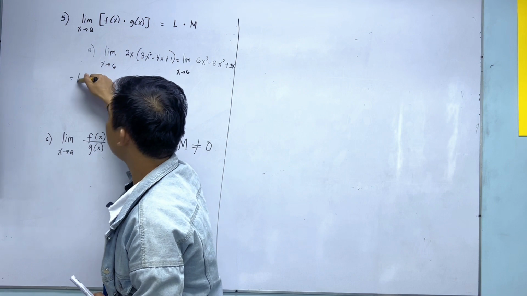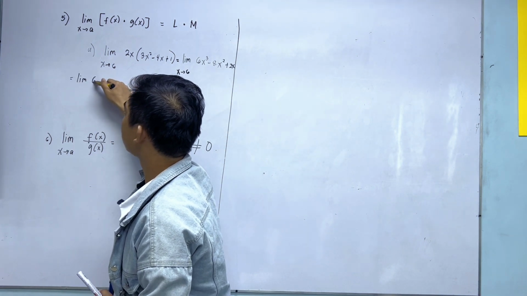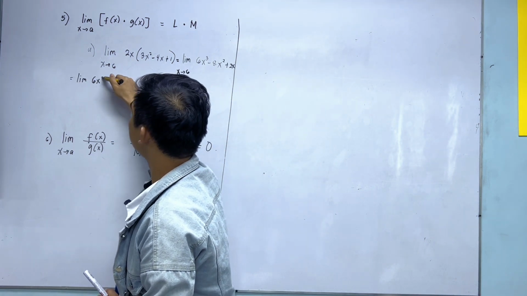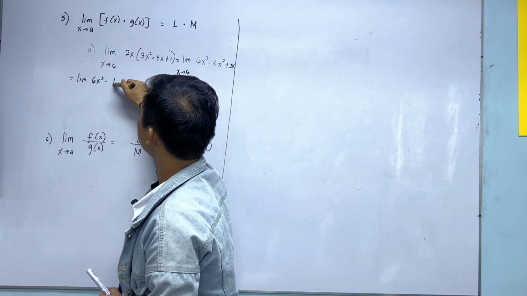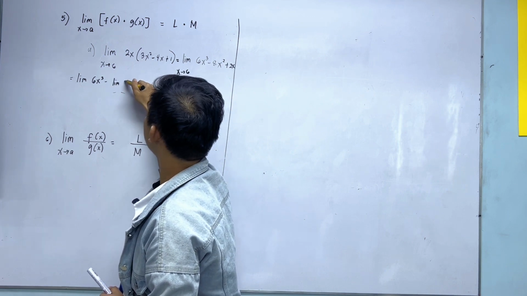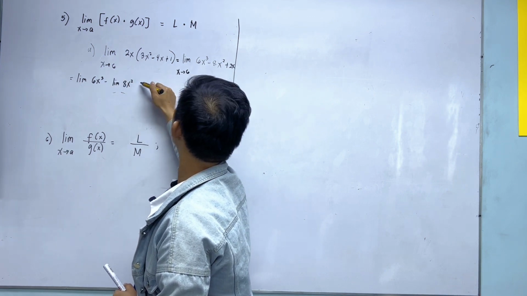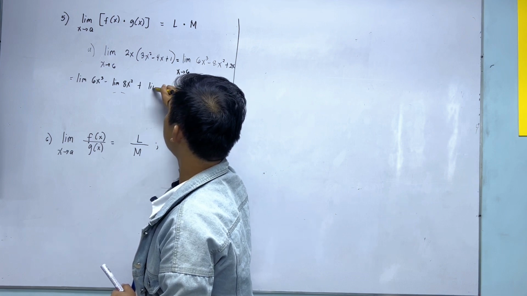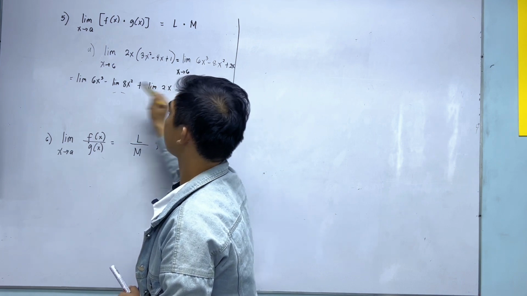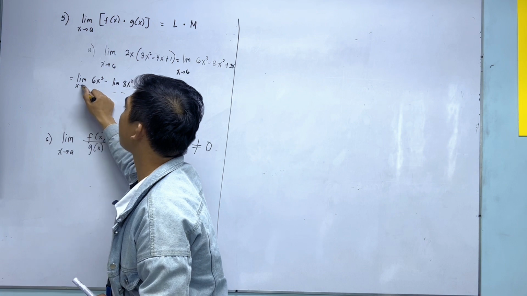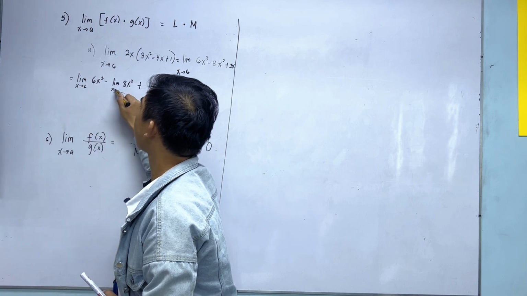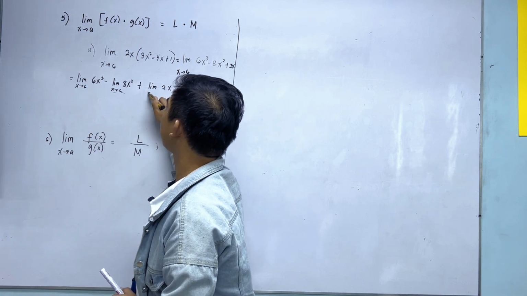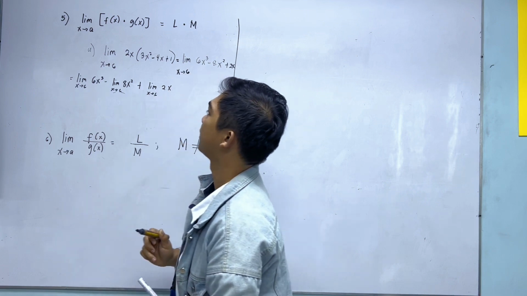So, limit of 6x cubed minus limit 8x squared plus limit 2x. Huwag kalimutan, x approaches 6, x approaches 6, x approaches 6.